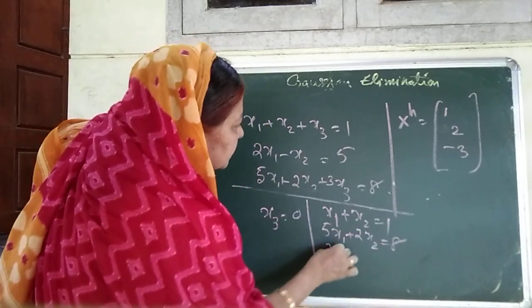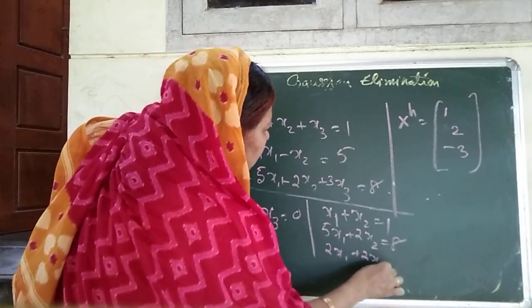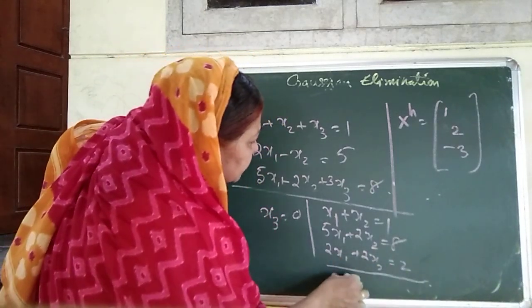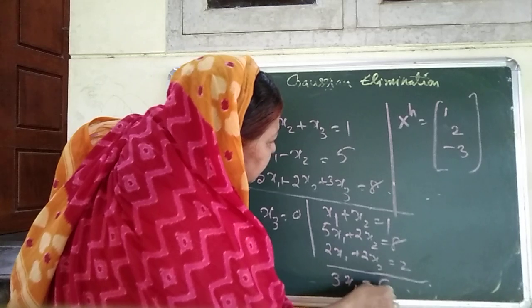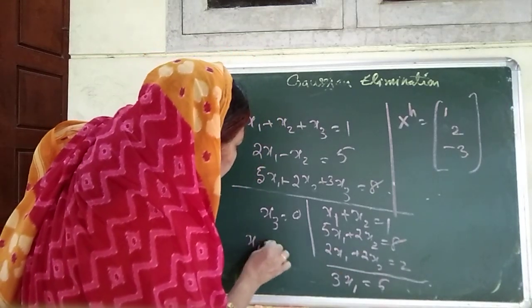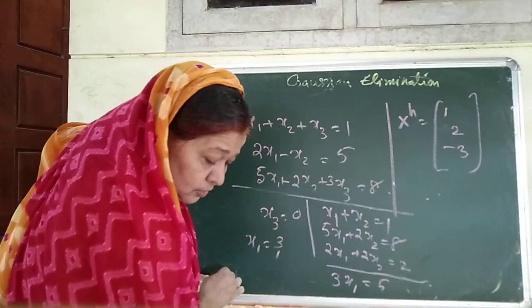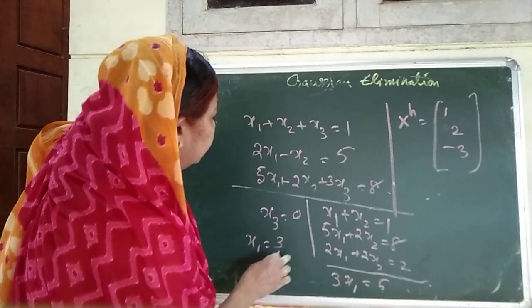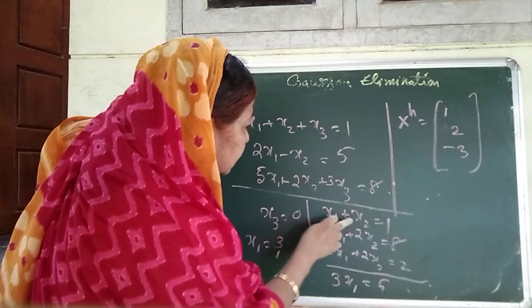Multiplying the first by 2, 2x1 plus 2x2 equal to 2. Solving, we get 3x1 equal to 6, that is x1 equal to 2.